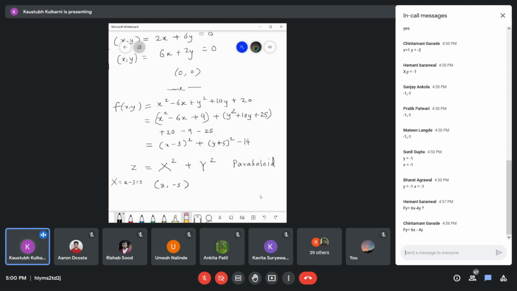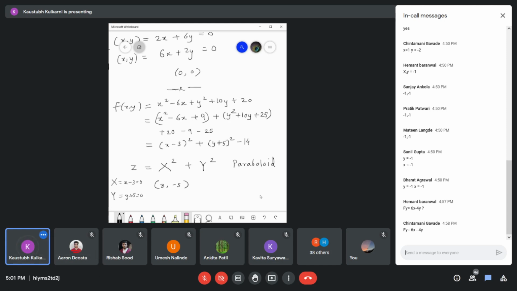So x minus 3 equal to capital X equal to 0, which is small x minus 3 equal to 0, and capital Y equal to 0, which is y plus 5 equal to 0, will be its minimum.